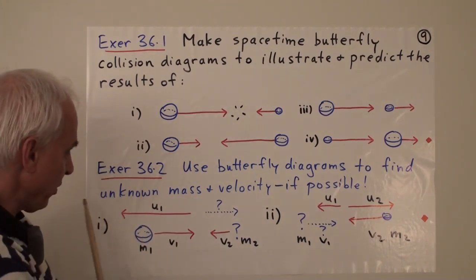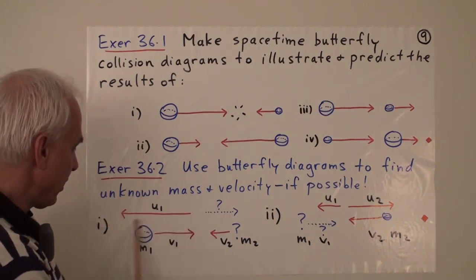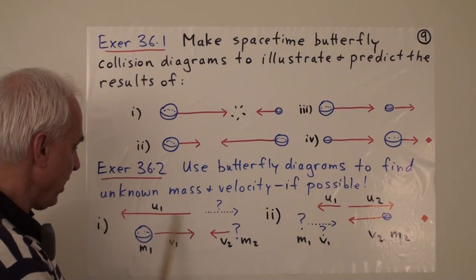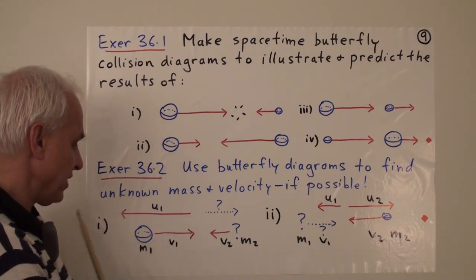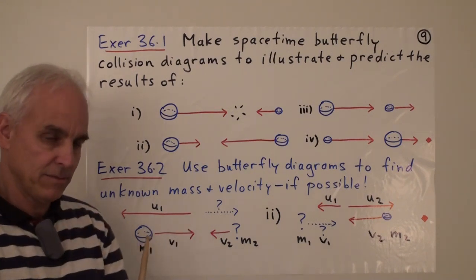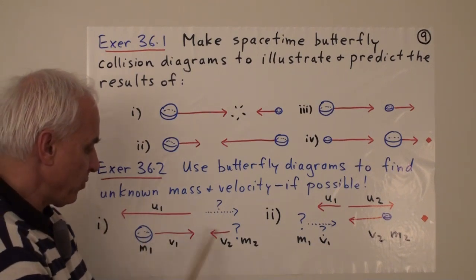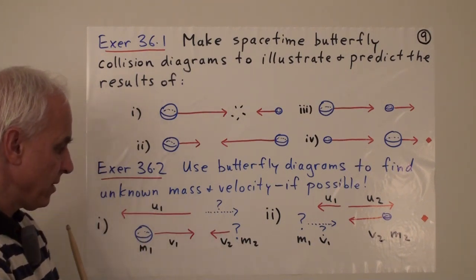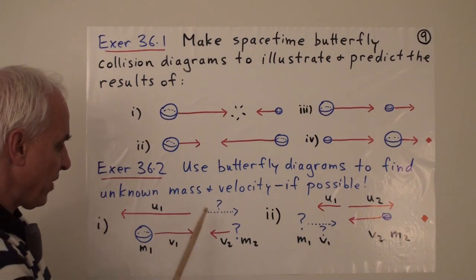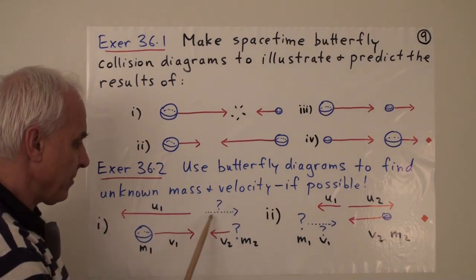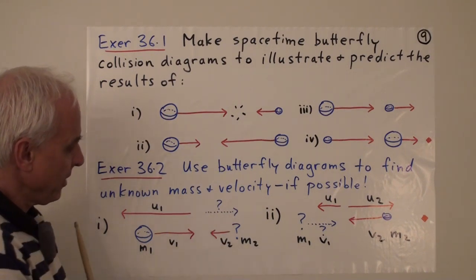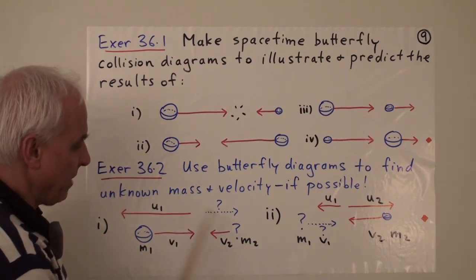And suppose that afterwards we know that m1 goes bouncing back with a relatively high velocity, almost twice as much as it came in at. Then can we figure out what this mass m2 is? And can we figure out what the final velocity of m2 is?